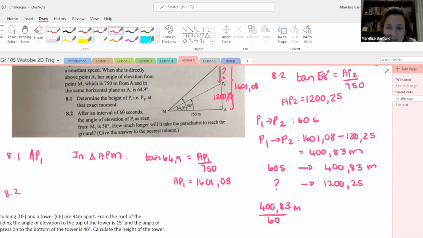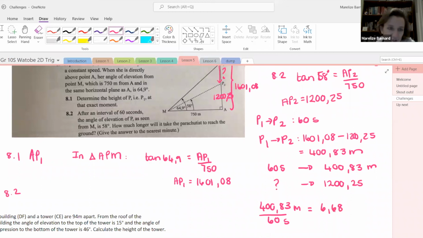Then we get how many meters she travels per second. So we go 400.83 divided by 60. Yes, and then you get the 6.68.